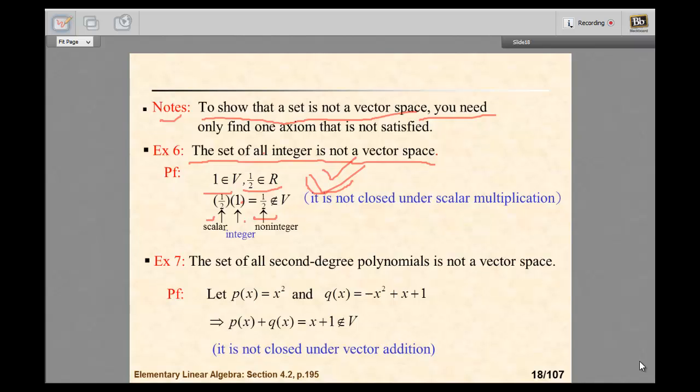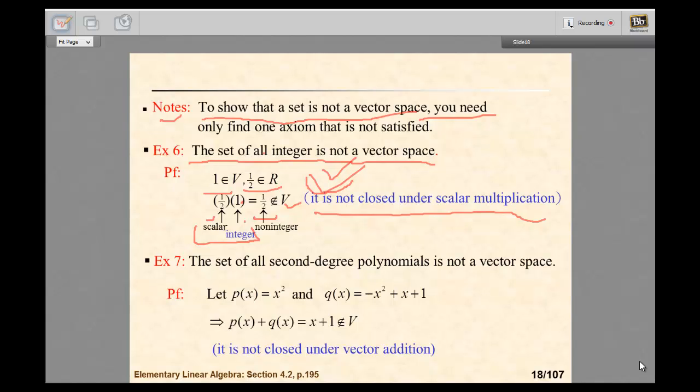That is a non-integer. 1 by 2 is not an integer. It is irrational, so it does not belong to the vector space. So it means our scalar multiplication axiom 8 is not satisfied. So we say that it is not closed under scalar multiplication. That is why we say that it is not a vector space.